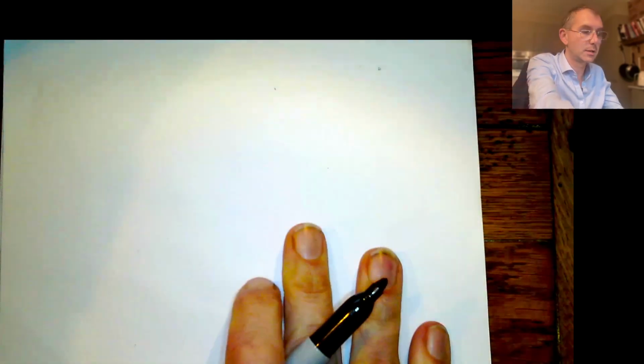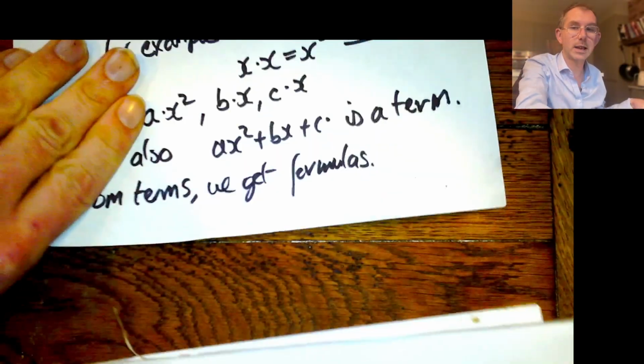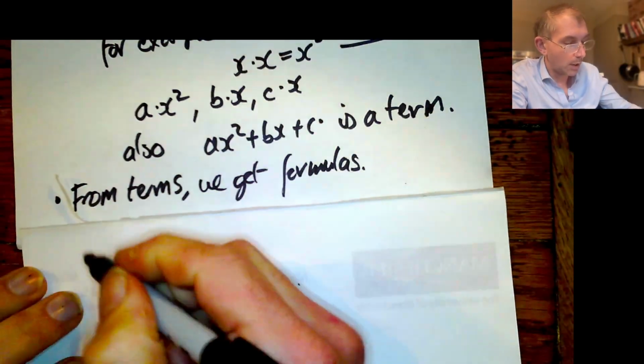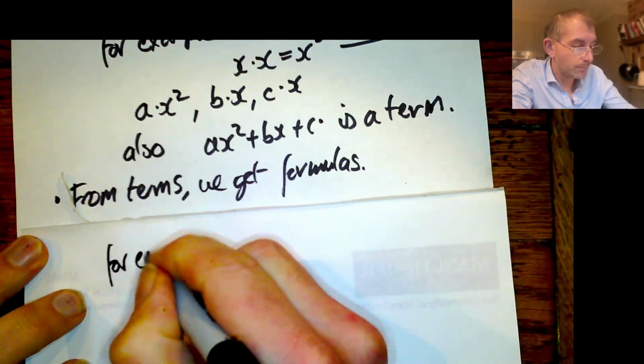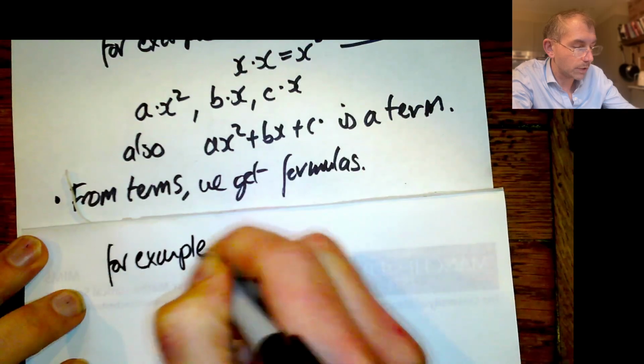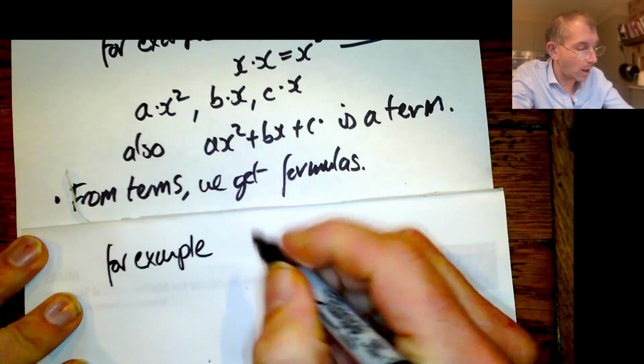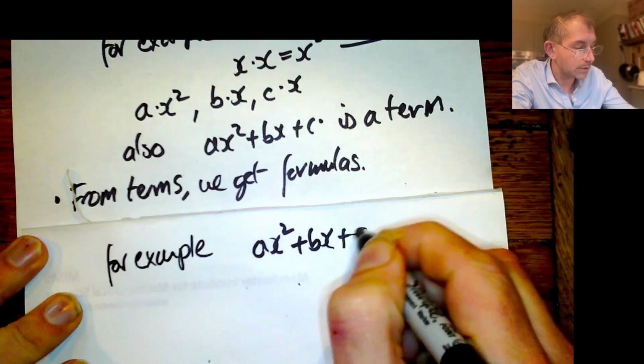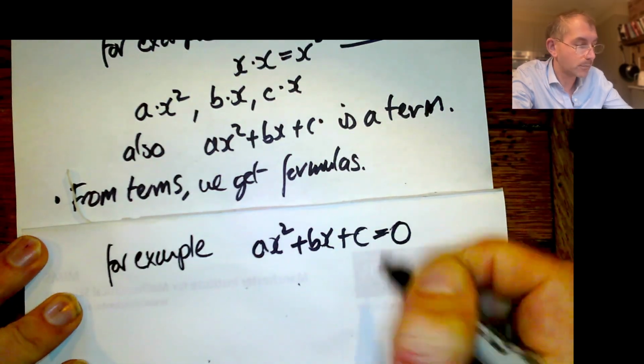And in the case that we were looking at above, so for example, in the quadratic equation case, ax squared plus bx plus c equals 0 is a formula.